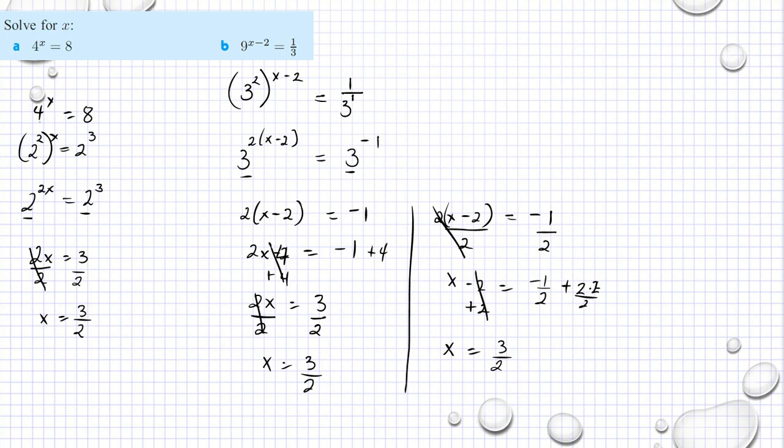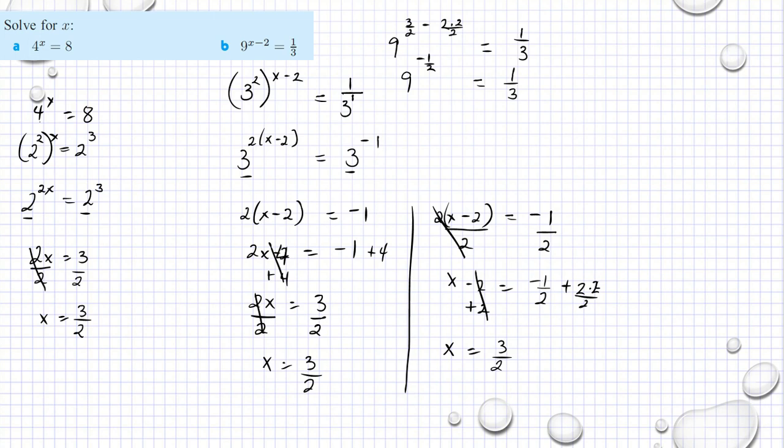Can we check if they are the same? So if I have 9 raised to 3/2 minus 2 is equal to 1/3. So this is now 9 raised to, this is 4 over 2, so we have negative 1/2, is equal to 1/3.